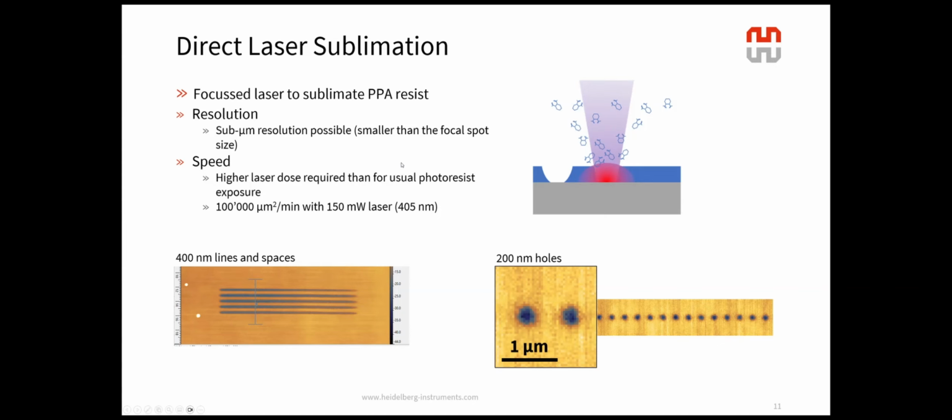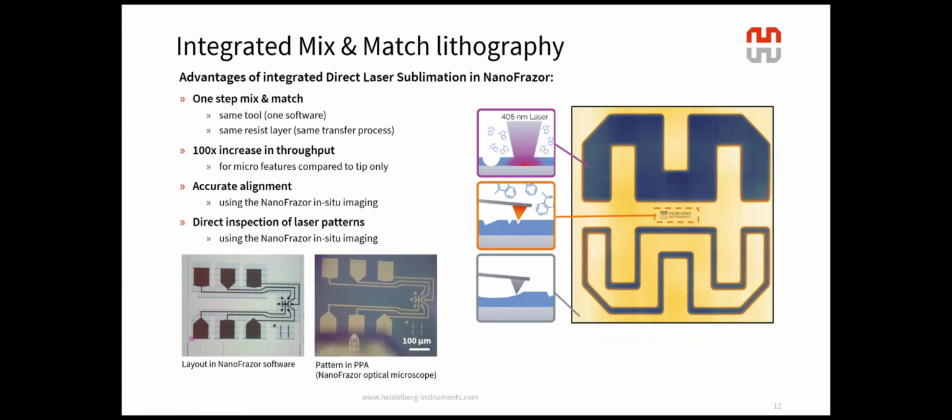So the laser allows us to pattern much larger areas much faster, so it's intuitive to think that we can integrate these two different technologies, a laser and a TSPL, with the same resist and the same tool, and it is what we call mix and match lithography.